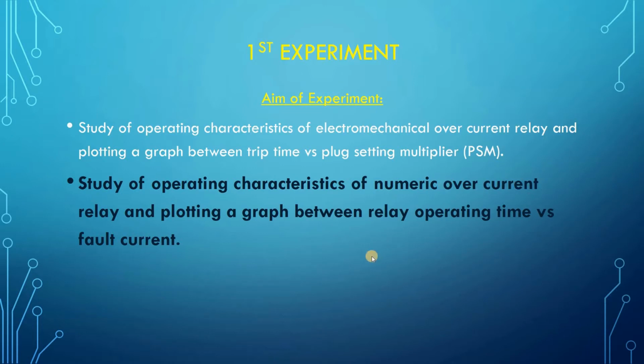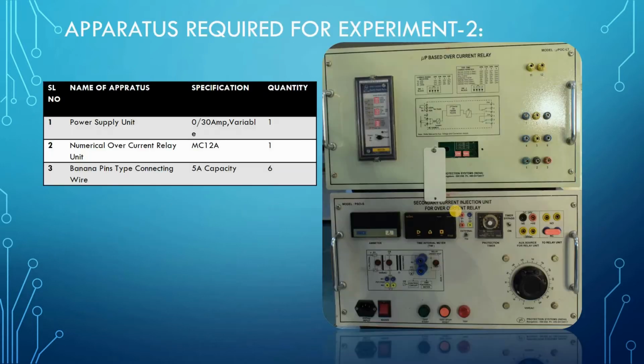As earlier, we need some apparatus to test this relay. So, let's see the apparatus. As you can see, we need a power supply or current injection unit, the same unit which we used with the electromechanical overcurrent relay, exactly the same unit.